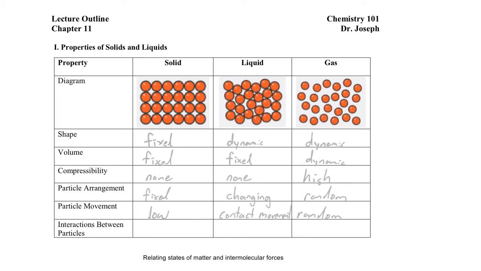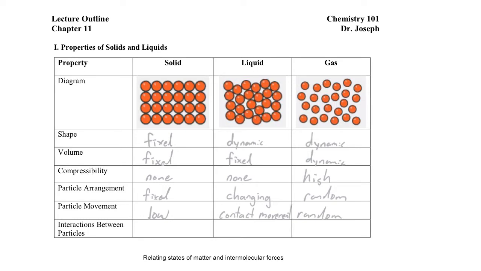And we related this back to things like the particle arrangements and the movements of the particles in those samples of matter. So, for example, in a solid, we know that the shape and the volume are fixed, and this can be explained by the fact that the particles in solids are packed close together, and they don't have much movement. Now, they're not completely frozen in place, but they're not moving around each other like they would be in a liquid.